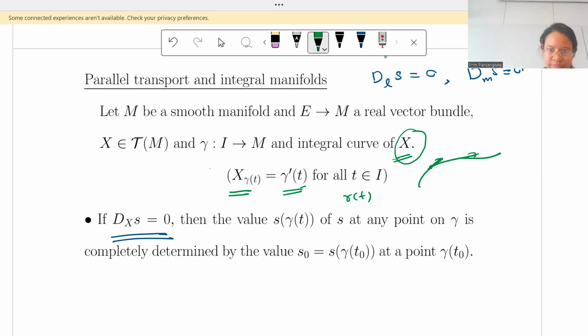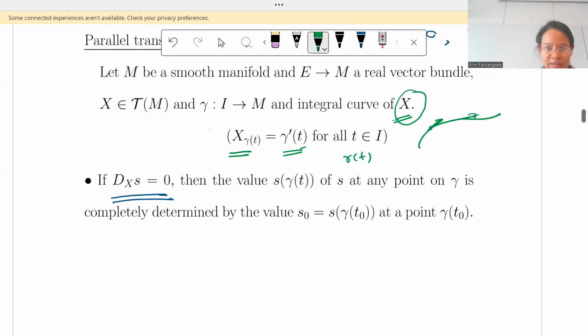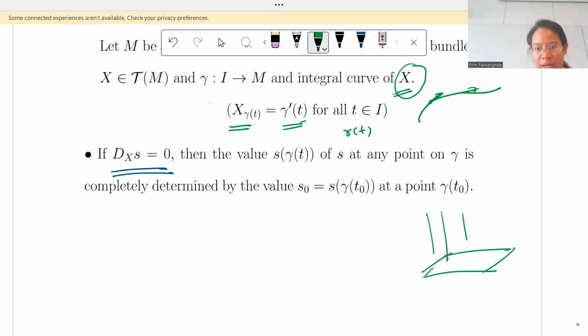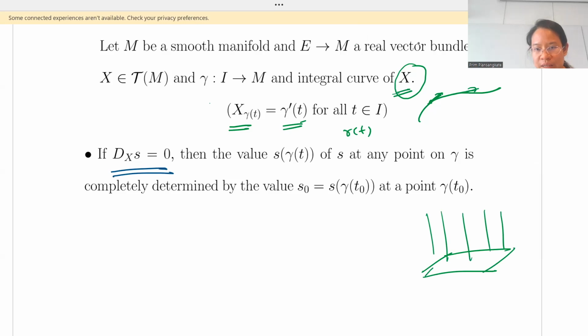All right. Now, this is a curve on a manifold. Let me draw it here. So we have a vector bundle E over a manifold M, and suppose we have a vector field X on M, and gamma is the integral curve of the vector field.